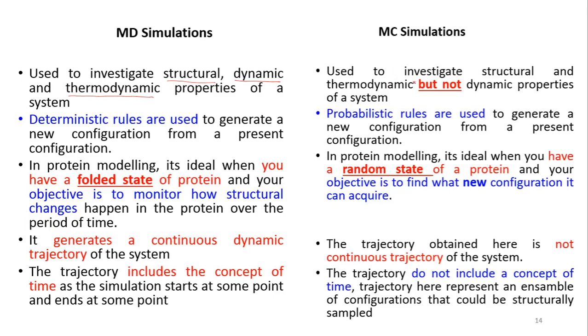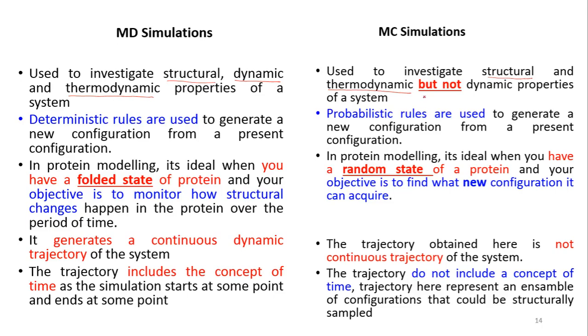On the other hand, Monte Carlo simulations are used to address the structural and thermodynamic properties of the system, but they cannot be used to infer the dynamic properties of the system, because the concept of time is not strictly followed in MC trajectories. And why is that? Well, we will come to this point in a little while.